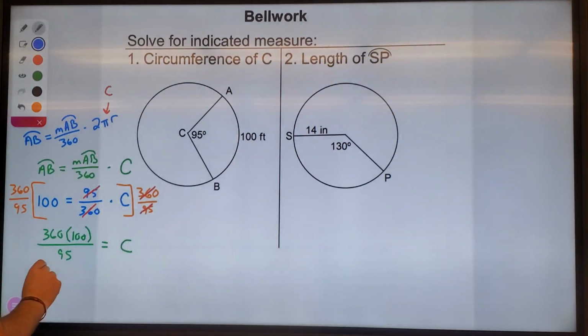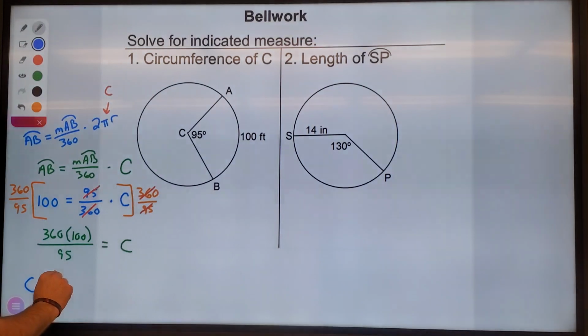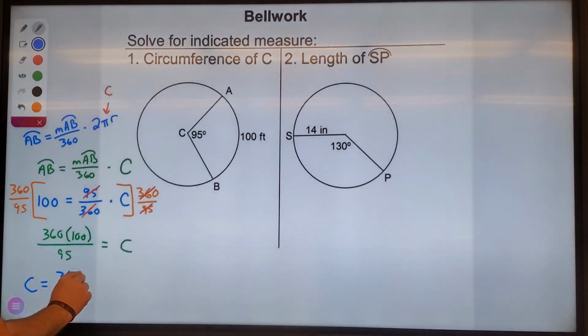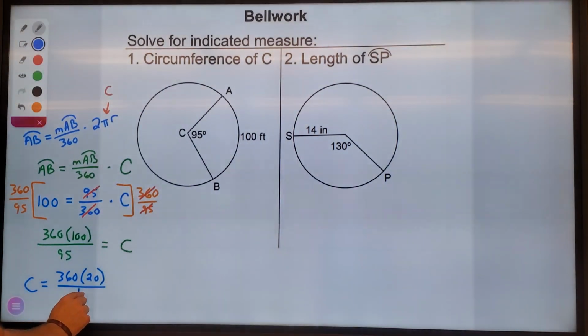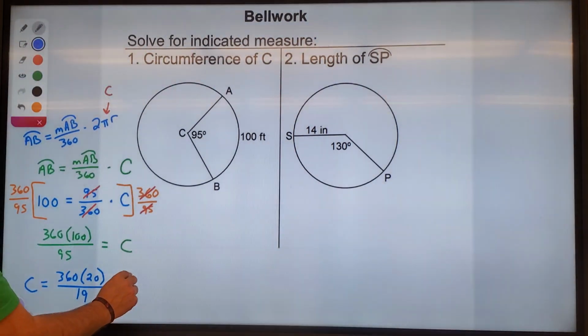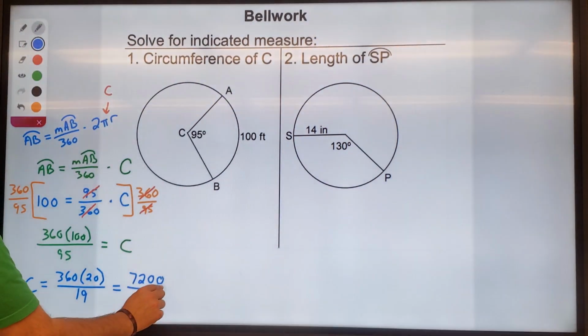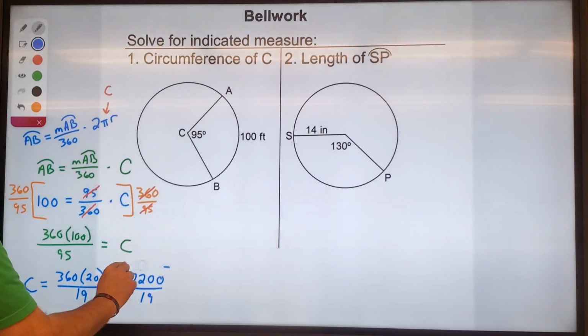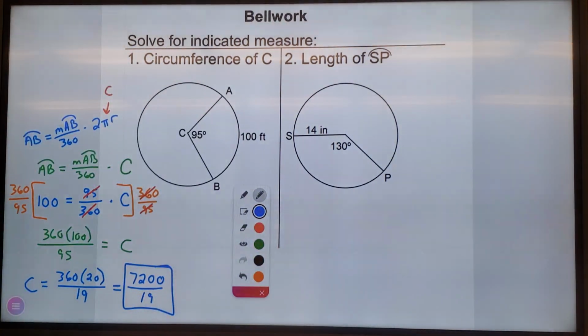That gives me C equals 360 times 20 over 19. If I take 360 times 20, I get 7,200 divided by 19, which again is not a nice decimal, so we're going to leave it just like that.